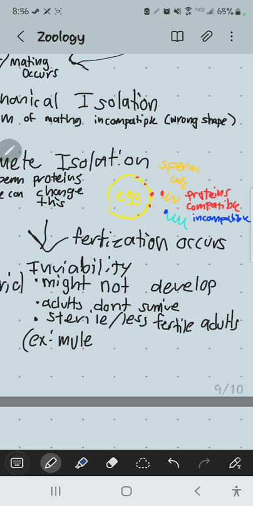Interestingly, you've probably heard that mules are like the best of both worlds, right? They have the smarts and the stamina of a donkey, but they have the physical size of a horse, so it's kind of like a win-win. Whereas a hinny is considered like the worst of both worlds, where you have a small body size, but they are like not very smart.